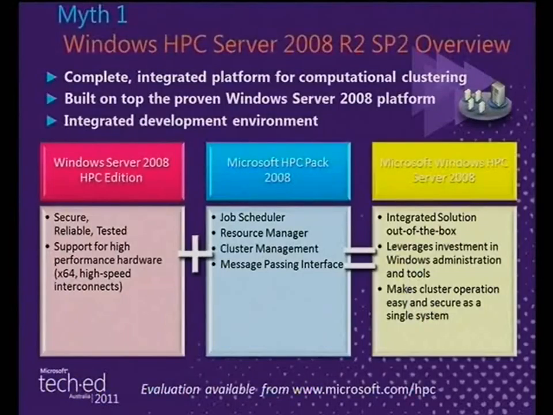HPC, to start at the beginning, is a bundle. It's a version of Windows Server. The OS has got one or two restrictions. Once again, if you want lots of details about HPC and product offerings, have a chat to the Microsoft guys. Just as a 101, the OS then has a pack built onto the top of it.